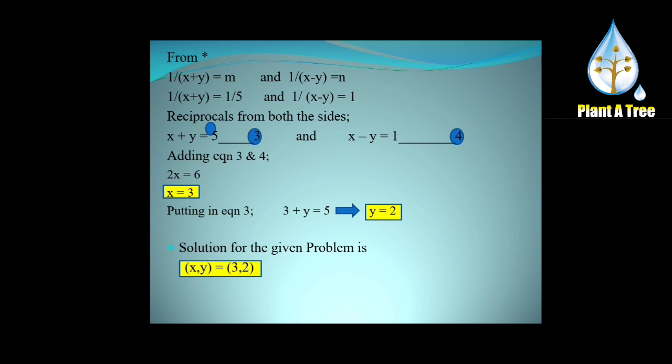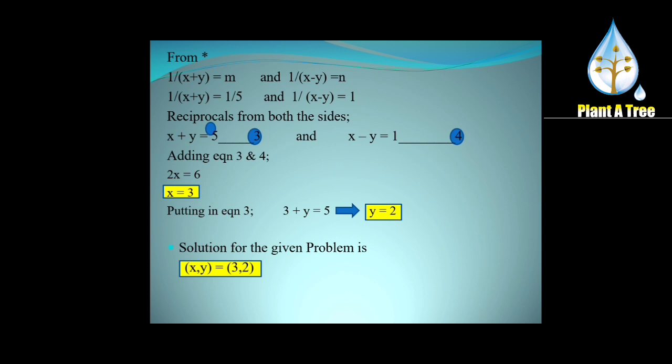We have 1 upon x plus y equal to m and 1 upon x minus y equal to n, where the value of m is 1 upon 5 and the value of n is equal to 1. Taking reciprocals on both sides, we get x plus y equals 5. This is the third equation, and x minus y equals 1 is the fourth equation.